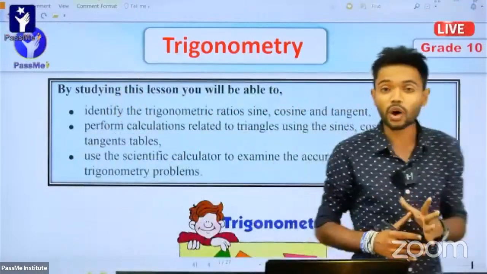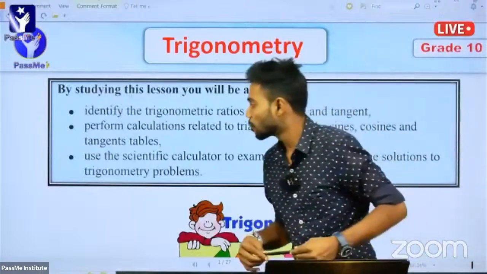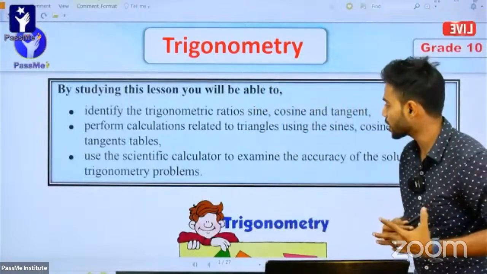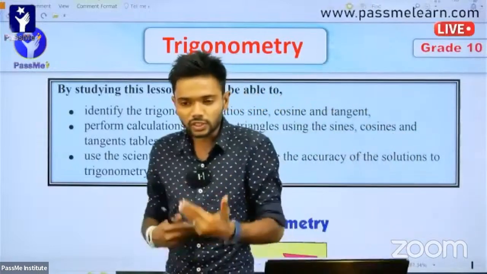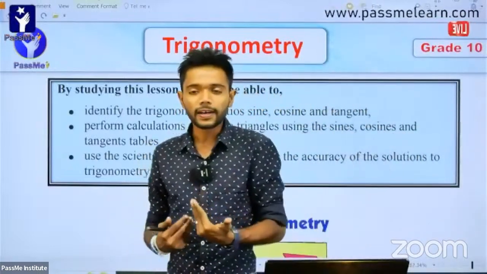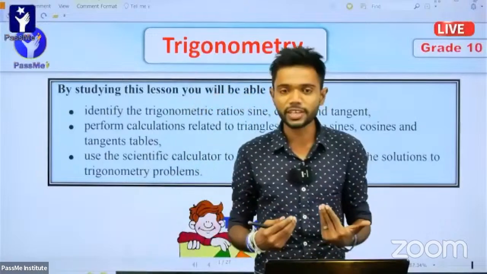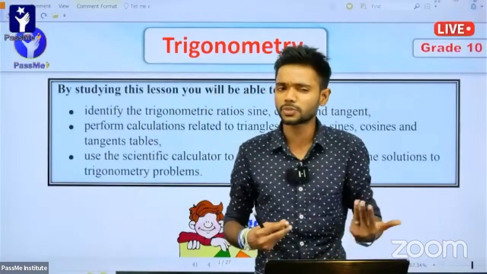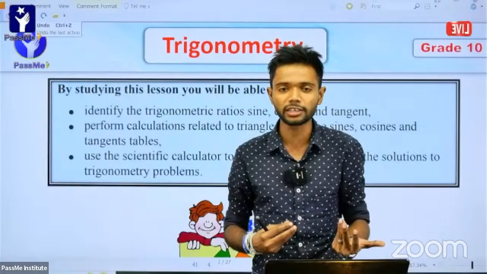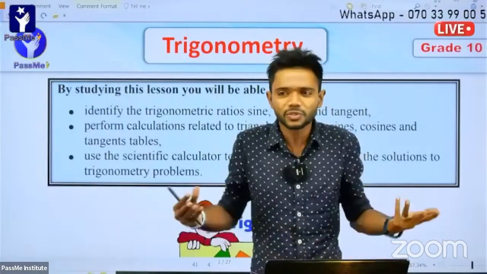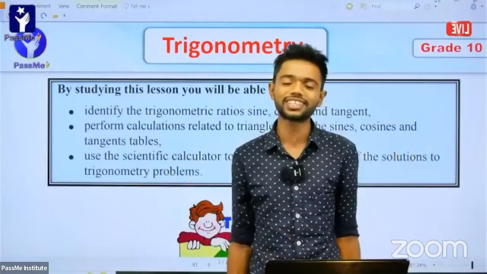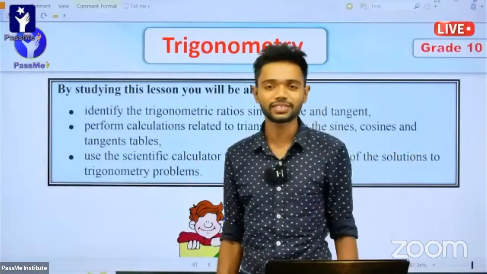You will be able to identify them, then perform calculations related to the triangle using sine, cosine, and tangent. That means you have to do a set of calculations based on the trigonometry ratios. You must be able to do this in order to get 10 out of 10 marks at the exam. Don't worry, these are very, very simple things, and you will have 10.